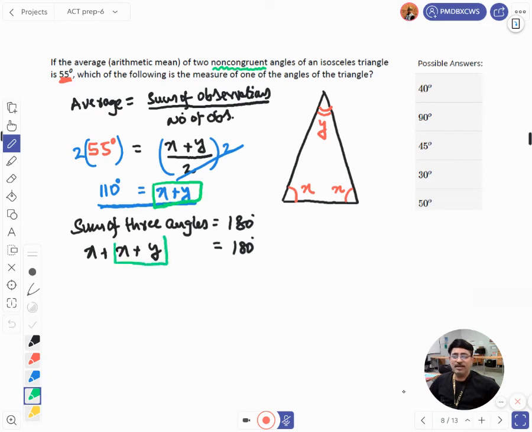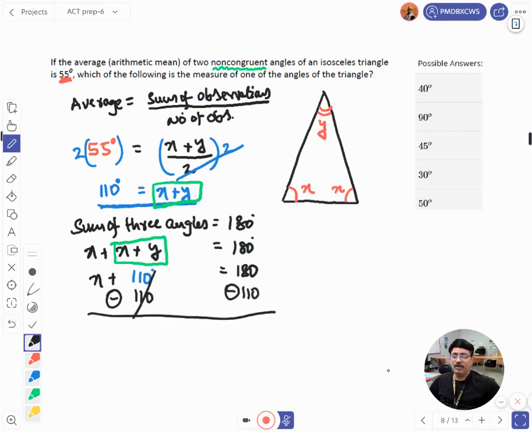If I consider this part, in this place I am taking 110 degrees. Does it make sense? Now x plus 110 equals 180. You know how to isolate x. Take away 110 on both sides. Then you get that the value of x equals 70 degrees.